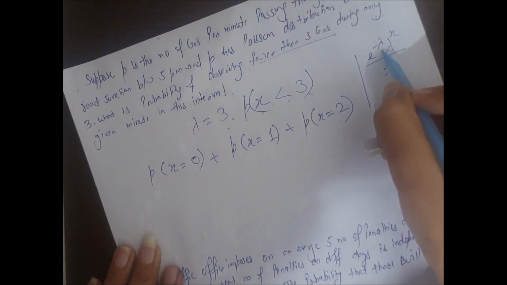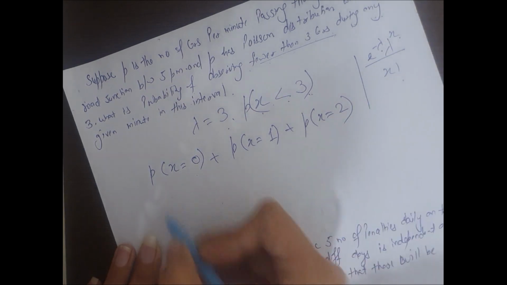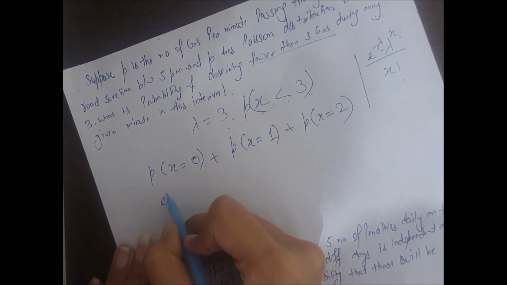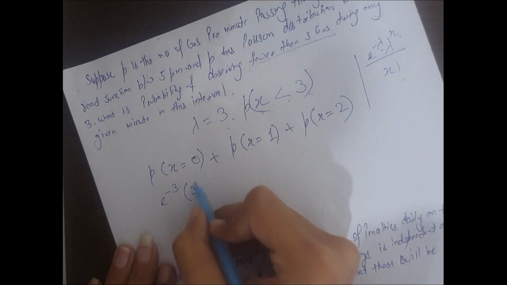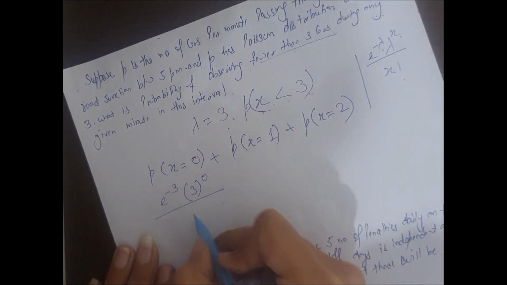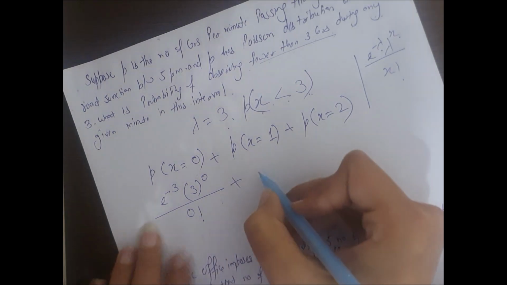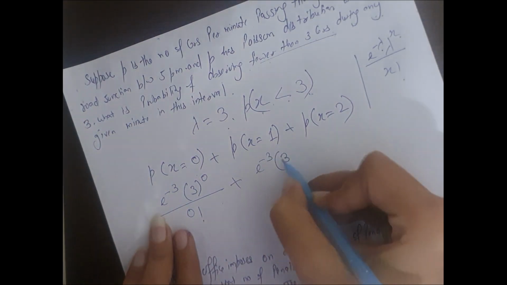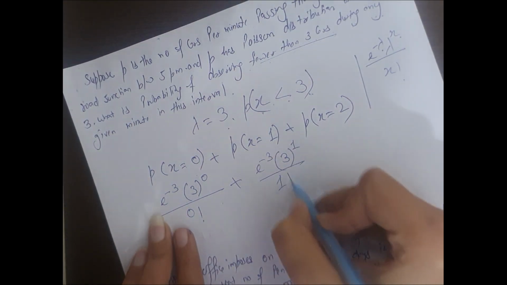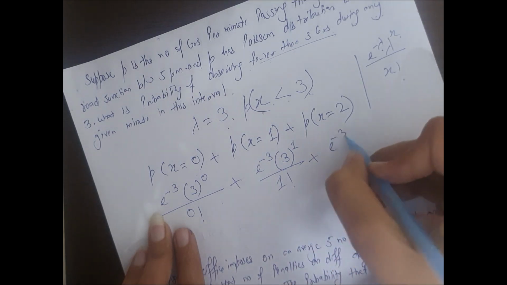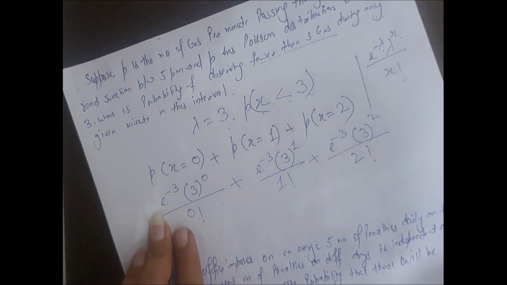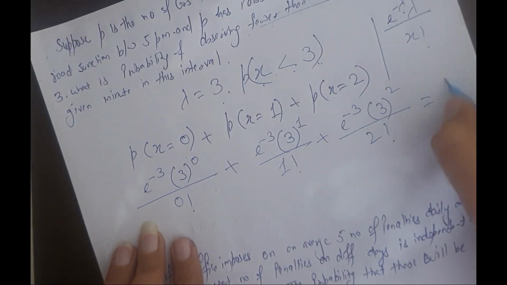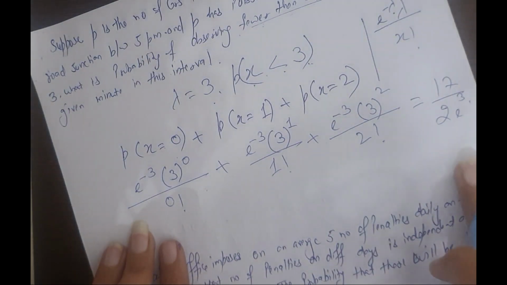Now we know lambda, we know x, so we can find this: exponential minus 3, 3 to the power 0 upon 0 factorial, plus exponential minus 3, 3 to the power 1 upon 1 factorial, plus exponential minus 3, 3 to the power 2 upon 2 factorial. Now the answer will come out to be this. Now this comes out to be the answer.